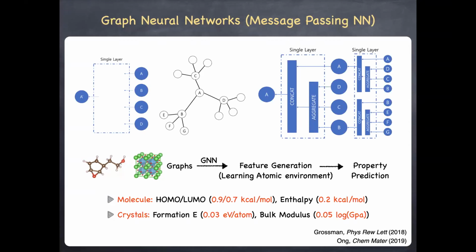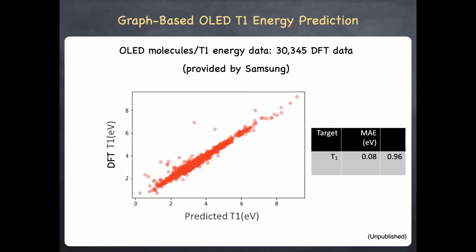And these convolutional graph-based methods have shown promising results for electronic properties for molecules, and also the electronic properties for the crystal structures as well. And this graph-based method, we have used it to make a prediction for the triplet energies for OLED applications.